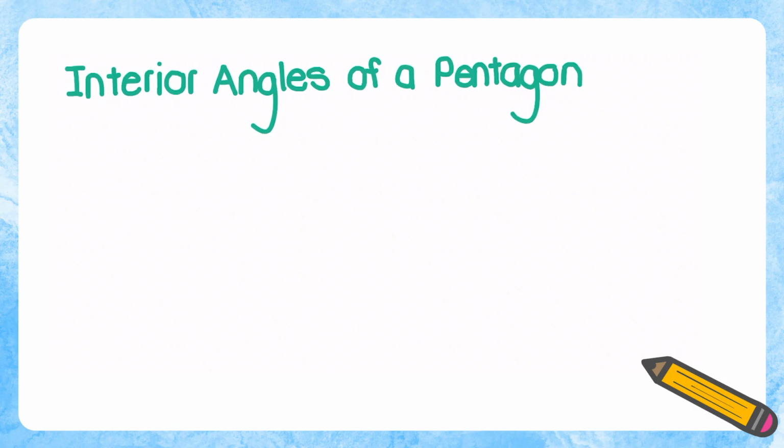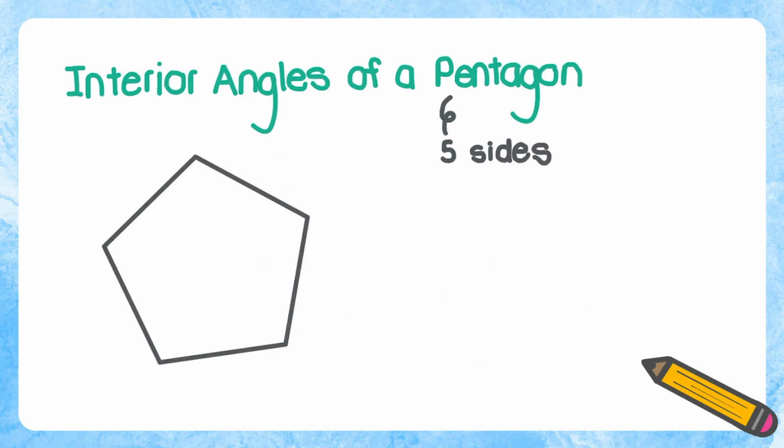What about the interior angles of a pentagon? What will those sum up to? A pentagon is a polygon with 5 sides. Here's a polygon, and let's see how many triangles I can create. So with a pentagon, I can create 3 triangles, and I know that the interior angles of a triangle sum to 180 degrees.